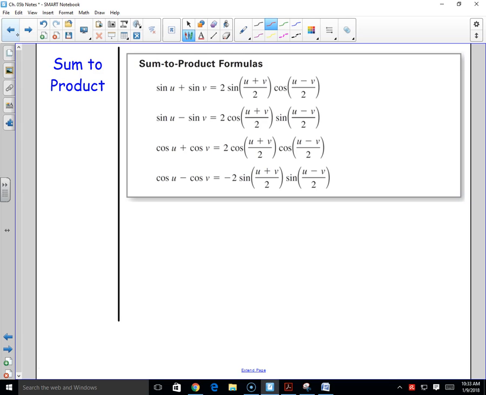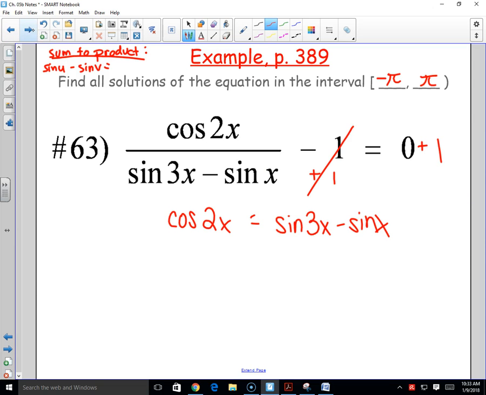2 cosine, average the u and v, times sine, subtract the u and v and divide by 2. So 2 cosine, add them, divide by 2. Sine, subtract them, divide by 2. Alright, so we can change this to b. I wonder if this will help. Here's my u.